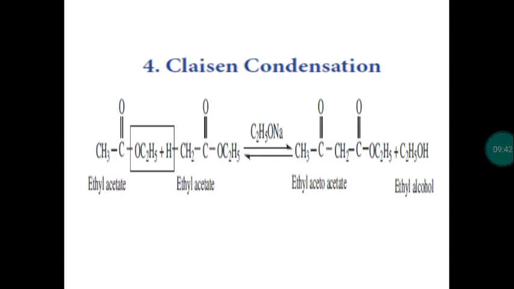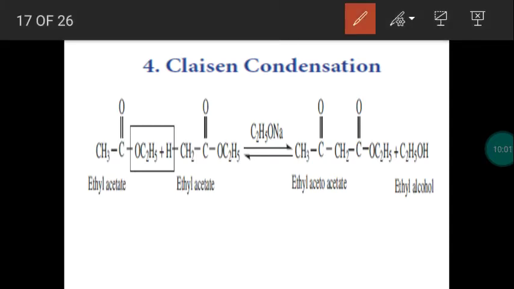Next one, we already completed Claisen-Schmidt condensation in acetaldehyde. So two aldehyde molecules will condense together to produce an unsaturated substance. The same thing is happening here. We take two molecules of esters, two ethyl acetate molecules will undergo self-condensation process in the presence of a strong base, sodium ethoxide.